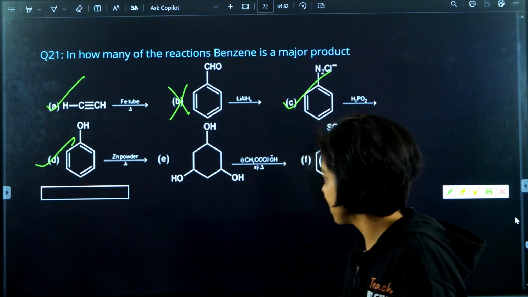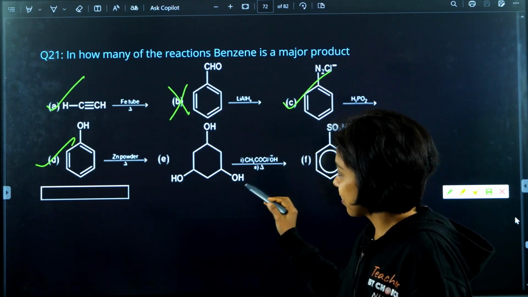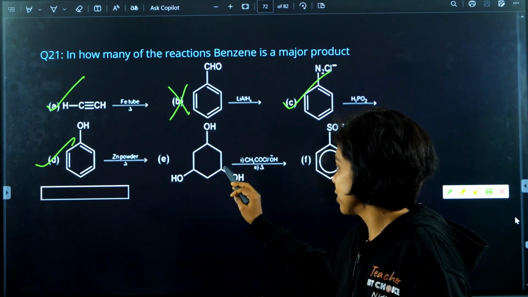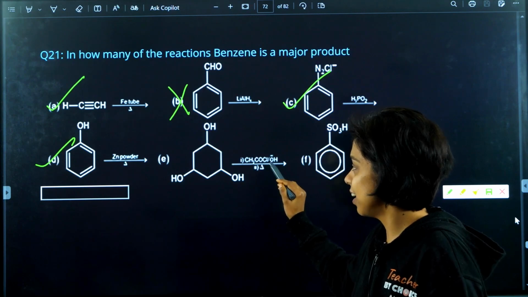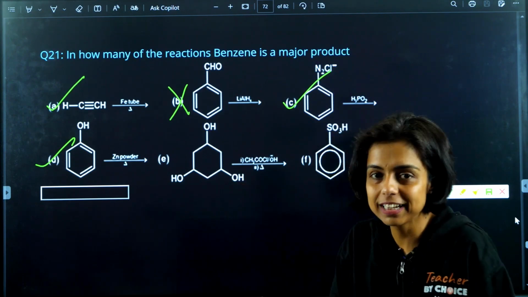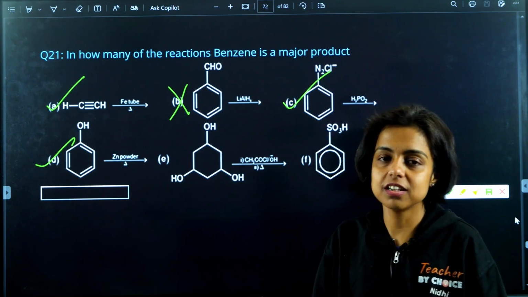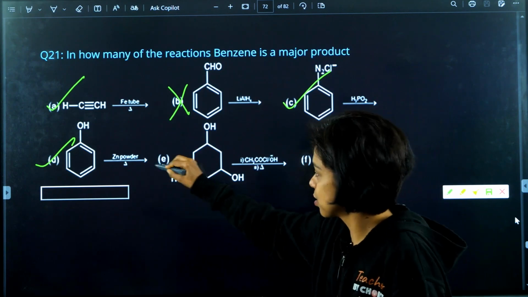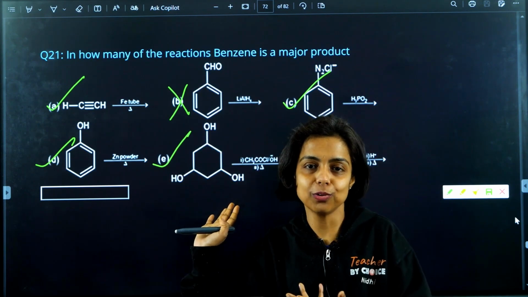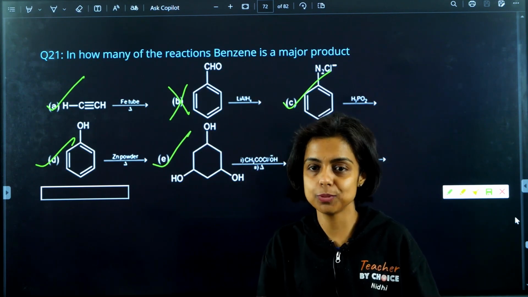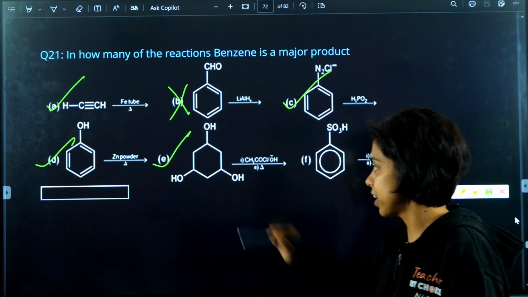Of course, this can give you benzene. Okay, so you can see OH, OH, and you have CH3COCl. Of course, elimination will happen and you'll get the 3 double bonds alternate. So by clearly looking at the molecule, you can make out it will give you benzene on elimination because heat is there, right? So dehydration can happen. Okay.